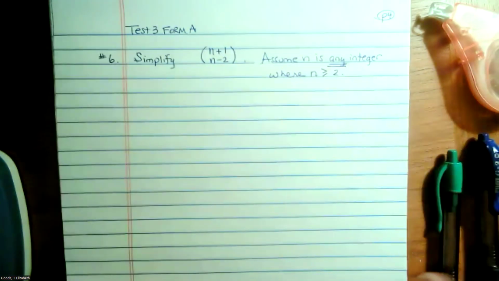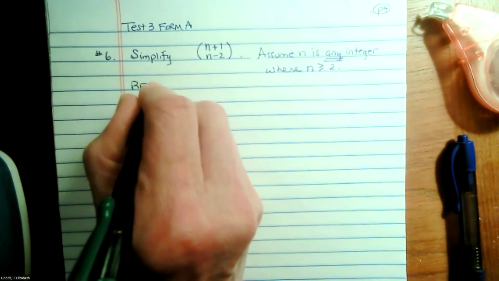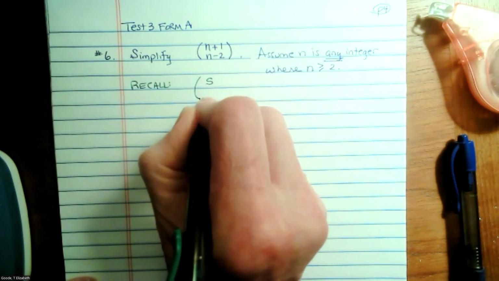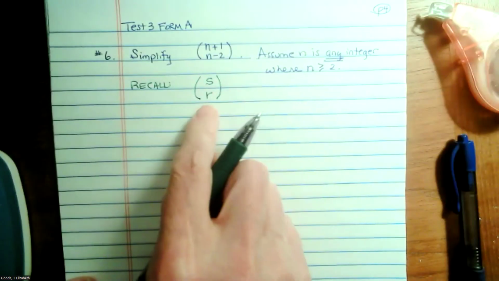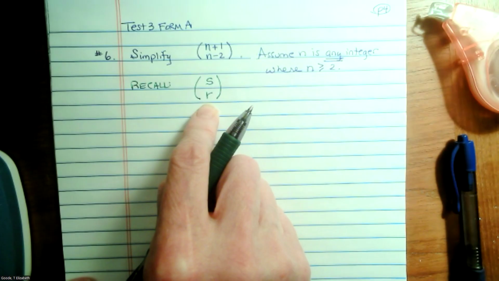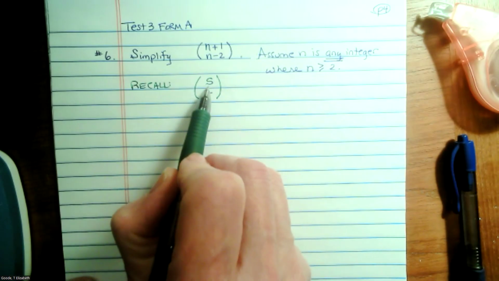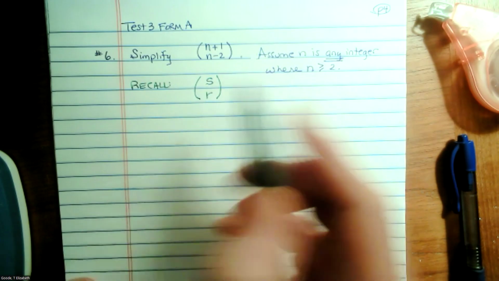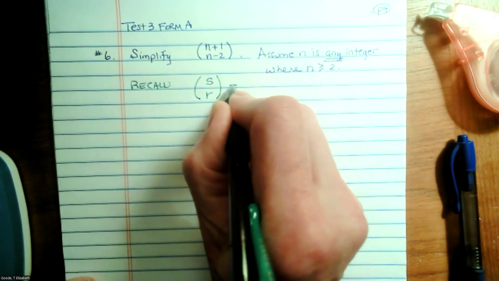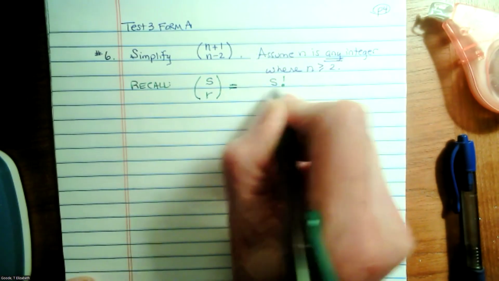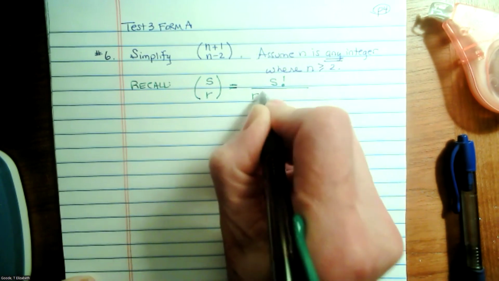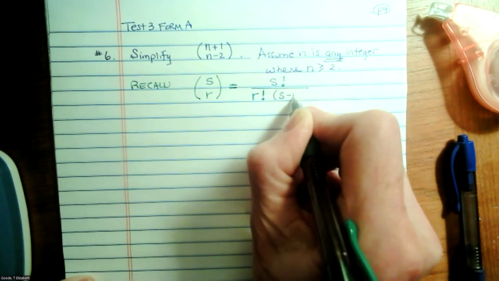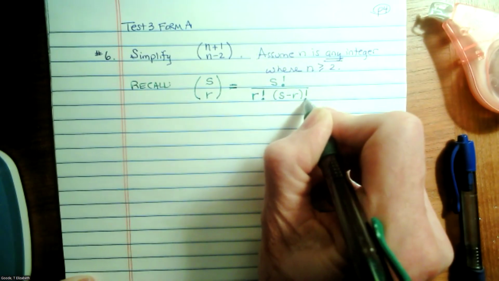All right, so let's just recall the formula. I'll do it with other letters. S choose R is the number of subsets of size R that we can find given a set of size S. So it's defined to be S factorial divided by R factorial times S minus R quantity factorial.